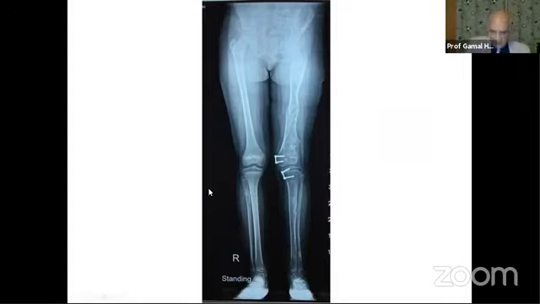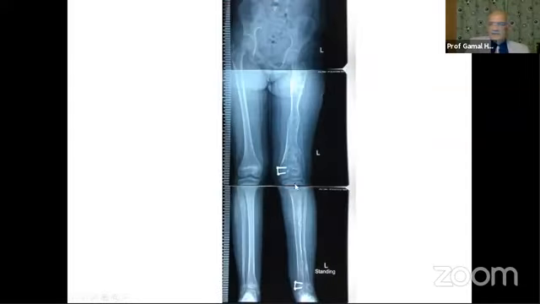So here you see the guided growth principles for the lower femur and upper tibia. And it worked out for the knee and we removed it. Then we put it in the ankle because we noticed with the growth that we have a valgus ankle. So during the removal of this 8 plate, we put another 8 plate on the lower tibia in the ankle.